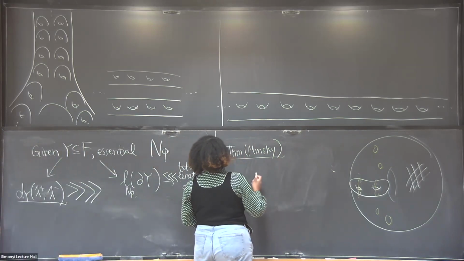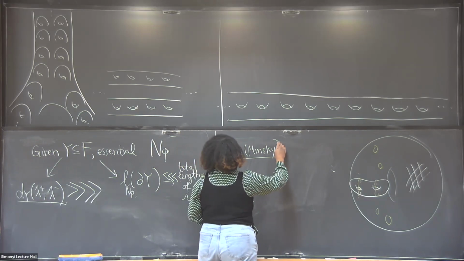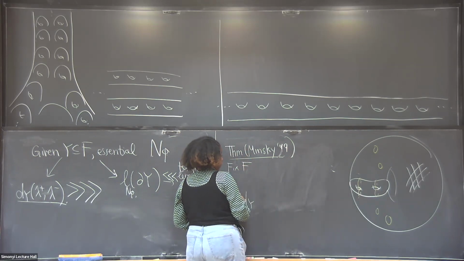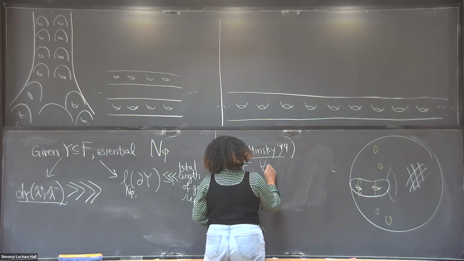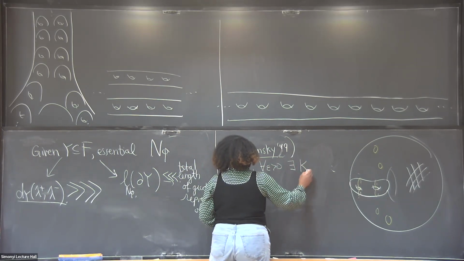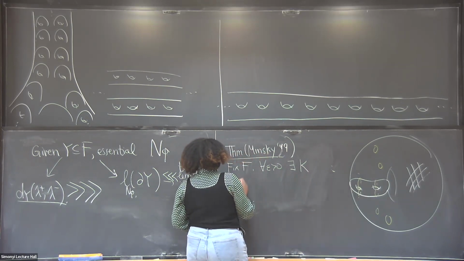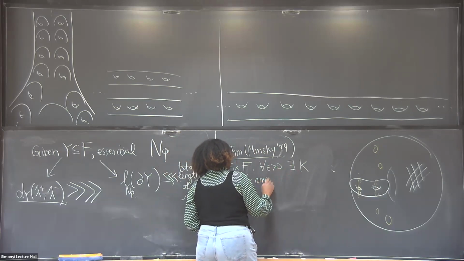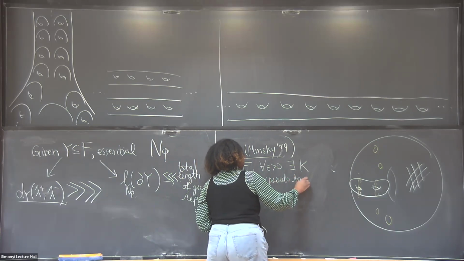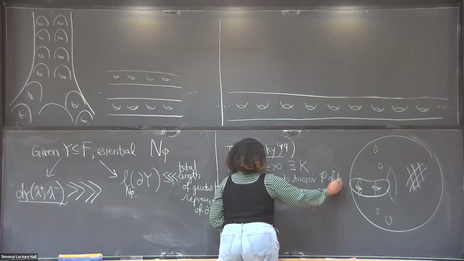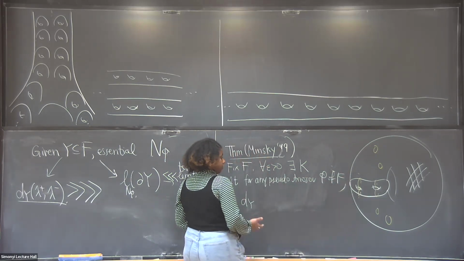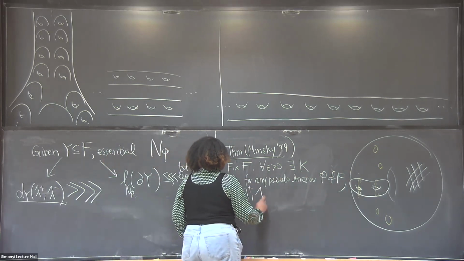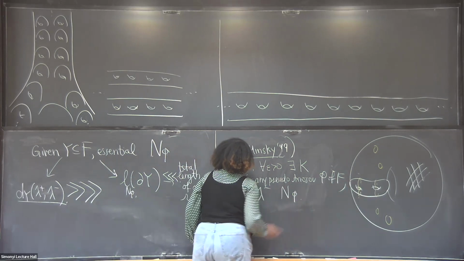Okay, so what year is this? 99, I'd say. So let's fix the surface F, the fiber surface F. Then for every epsilon, I can find you a K, positive, so that, let's take any pseudo-Anosov on F. That pseudo-Anosov gets these two laminations, lambda plus and lambda minus, and it gets its mapping torus M_phi.